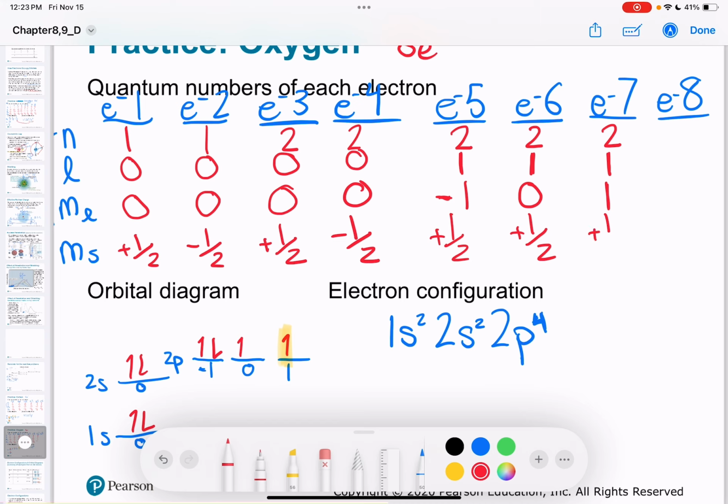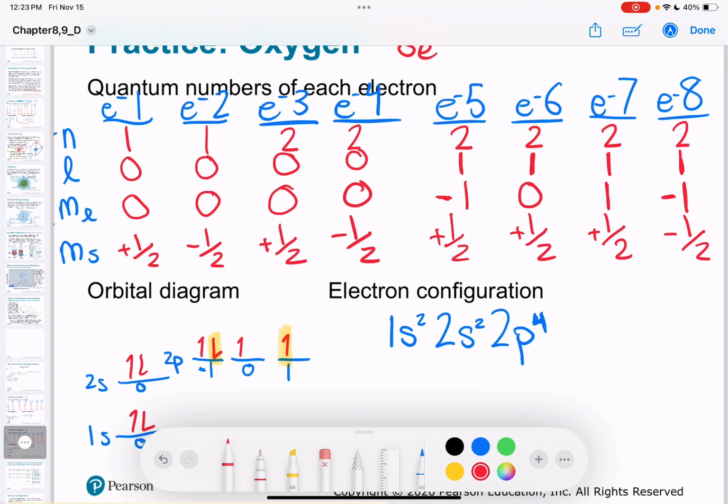Still +1/2. And then for that last electron, that's where they start pairing up. So n equals 2, L equals 1. We're still in the 2p subshell. M sub L equals -1, and now it's a -1/2.